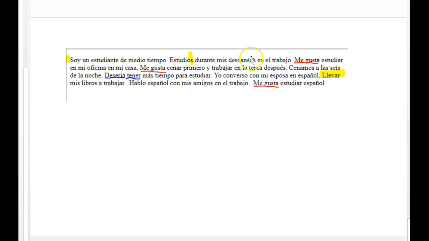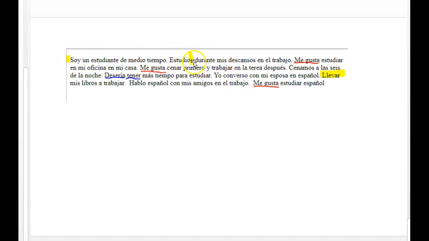And here the same, this is in general very good, but it has these things, desearía tener, that I didn't teach you at all, and nobody will understand it. Me gusta is 3 times over here, so it discounted a lot of points because if you count, oh, here I put the yo, no?